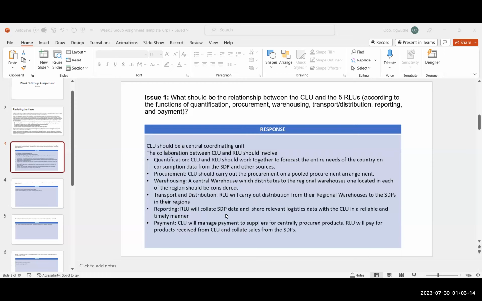While for payment, the CLU will manage payment to suppliers for centrally procured products, bearing in mind that the regional logistics unit will pay for the products they received from the central logistics unit. They also collect sales from the service delivery points within their purview.